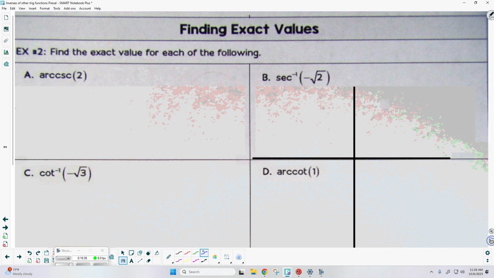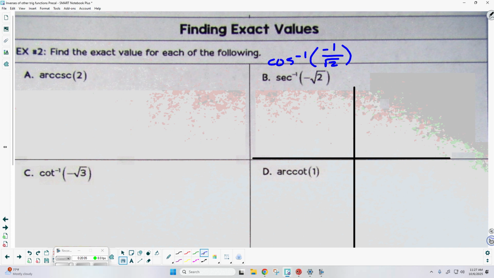How about secant inverse of a negative root 2? What was the reciprocal of secant? Cosine. So I'm going to say cosine inverse of, well, the reciprocal would be negative 1 over square root of 2. Notice anything? Up until now, every time we've seen something like that, we've rationalized because we don't like a radical in the denominator.